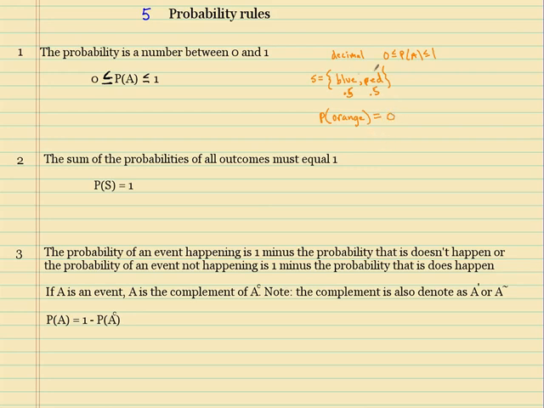Now it could also be 1. So that's the case where it's 0, and this is another. Let's call this sample space 1. Let's call this sample space 2. This is a little less interesting, but let's say we have one outcome in our sample space, and that is purple.